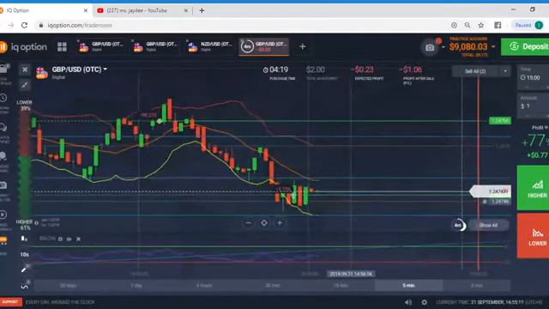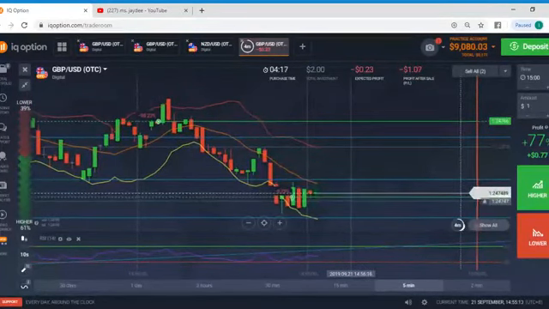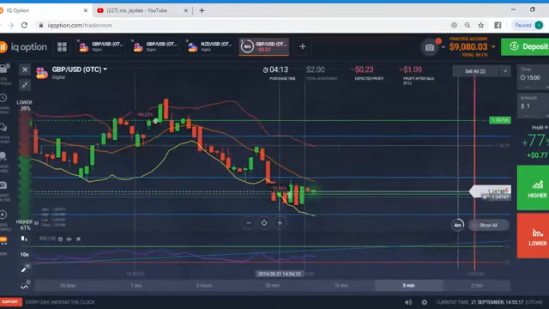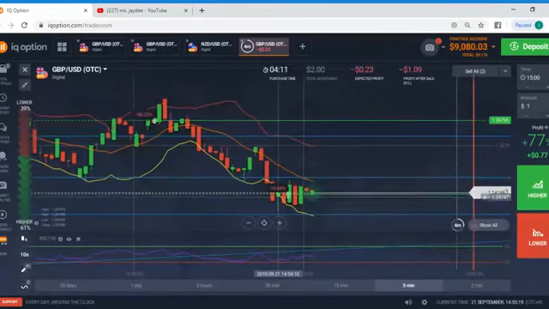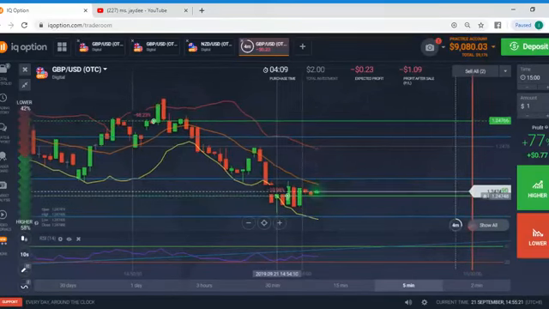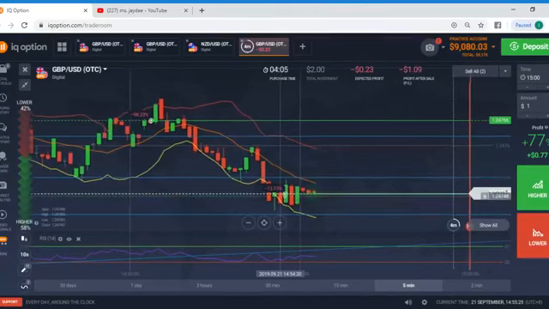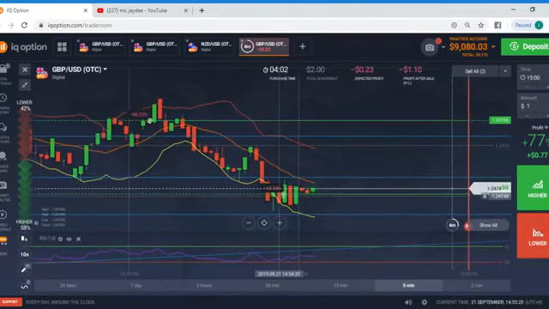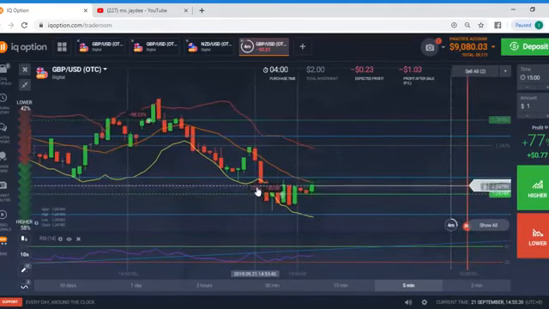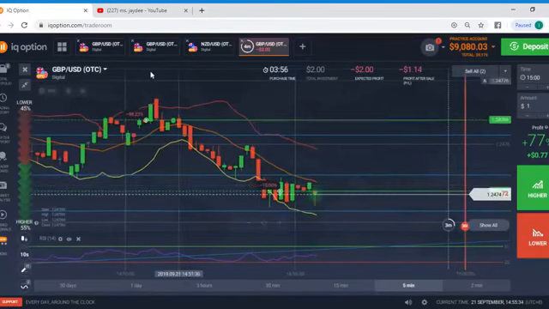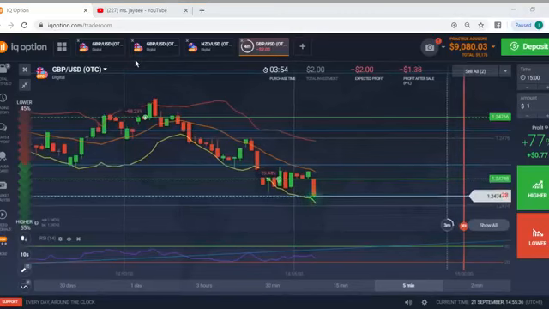You take profit in just a few seconds, sometimes in just a matter of one candlestick. There you go. Wow, super erratic movements.